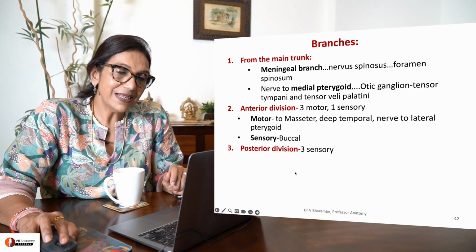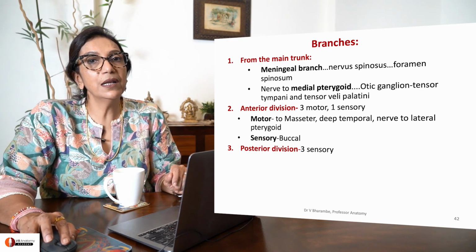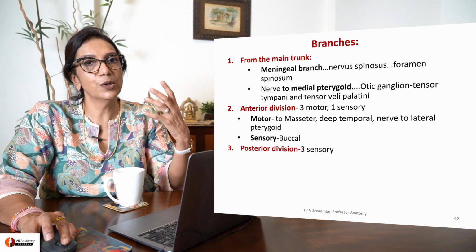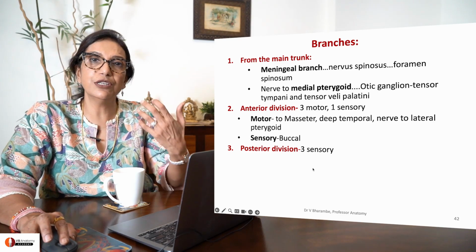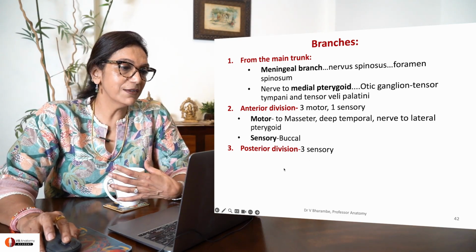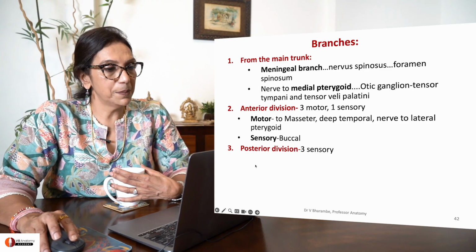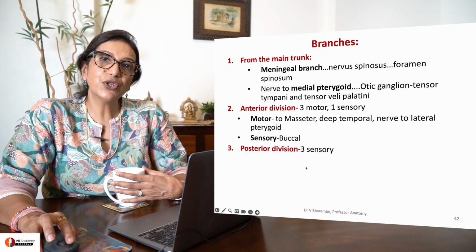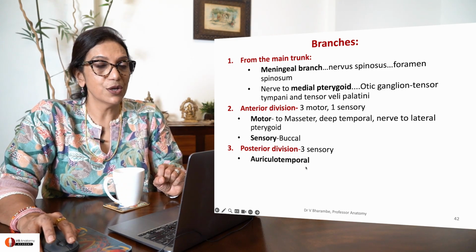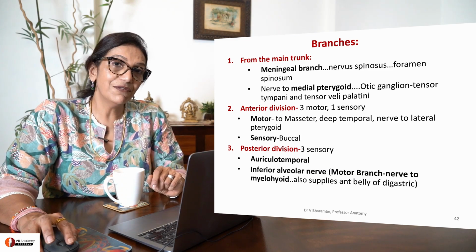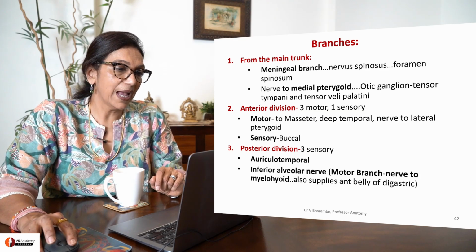It gives rise to 1 sensory branch, which is the buccal nerve, which spreads out in this region. Okay, so 1 sensory branch goes inside and picks up sensations from your oral cavity. So it gives rise to your buccal branch. Now what about the posterior division? The posterior division gives rise to 3 sensory branches: auriculotemporal, inferior alveolar, and the lingual.